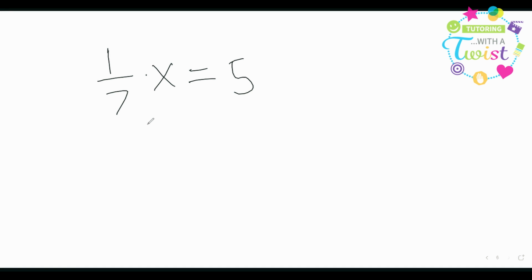But wouldn't it be so much easier for me to say, aha, if I multiply by 7, this will become 7/7, which is equal to 1, which will undo it. So to solve this equation, all I've got to do is multiply both sides by 7. Isn't that so much easier once you know what you're doing, at least?